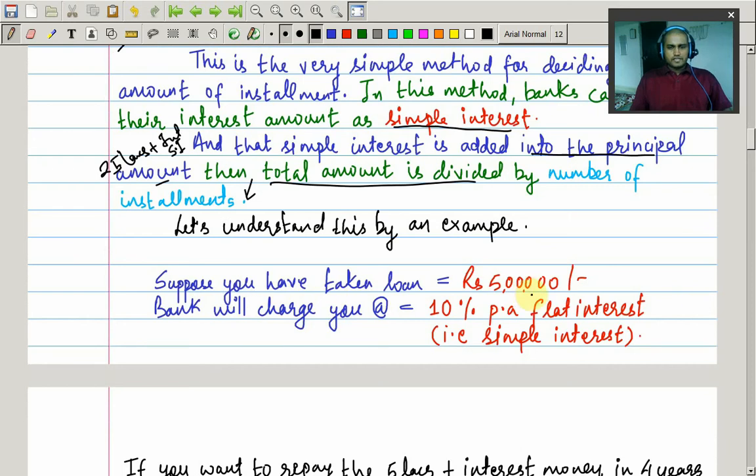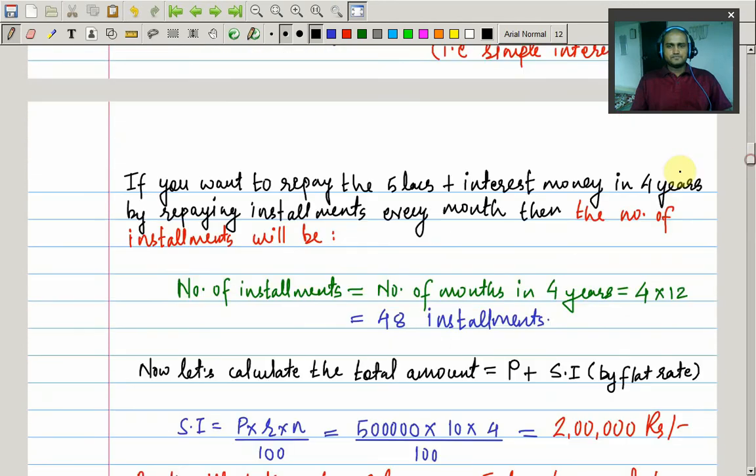Suppose you have taken 5 lakh rupees. So I've changed my illustration. So now I have taken 5 lakh rupees, and the bank will charge you 10% per annum flat rate of interest, that is simple interest.